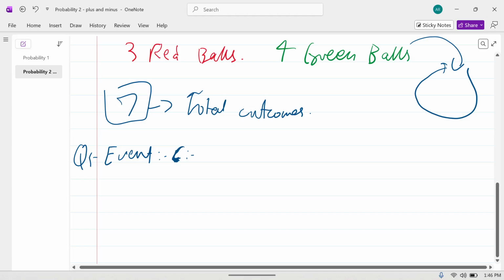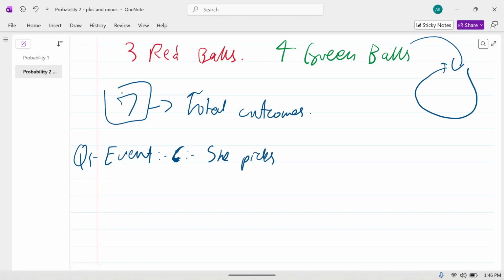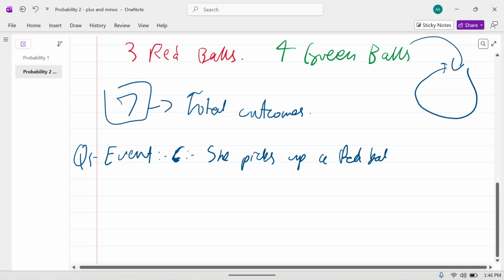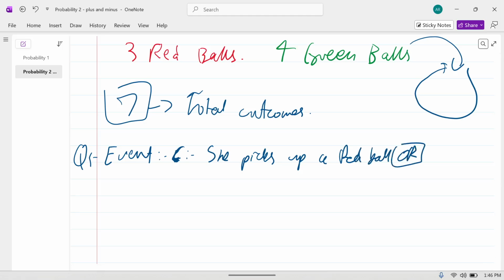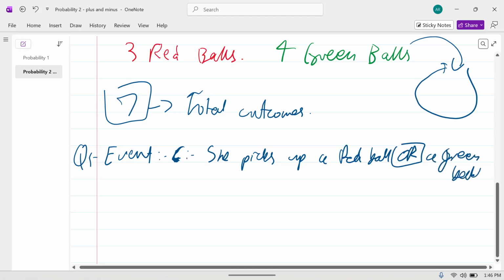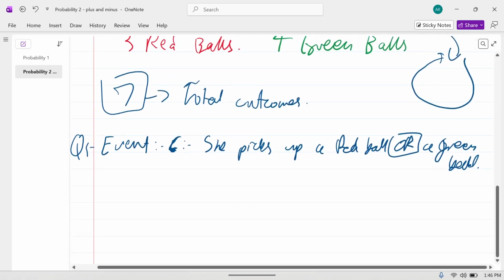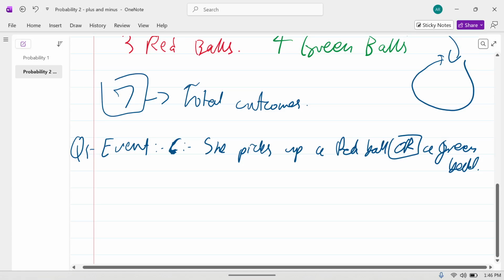So event C would be, she picks up a red ball or a green ball. No, look, this is the new thing. Why? Because we are being given two conditions inside one event.